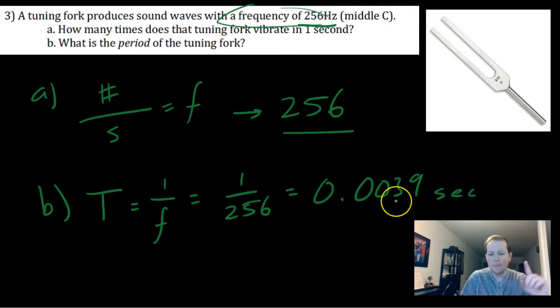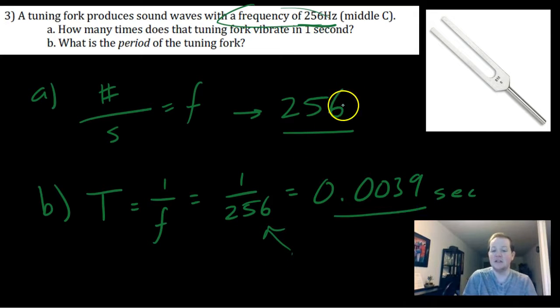This number represents the time for one vibration, one back and forth. It does that in 0.0039 seconds if you do the math. But that's the period. A is really trying to discern if you understand what frequency means, but A was a little tricky.